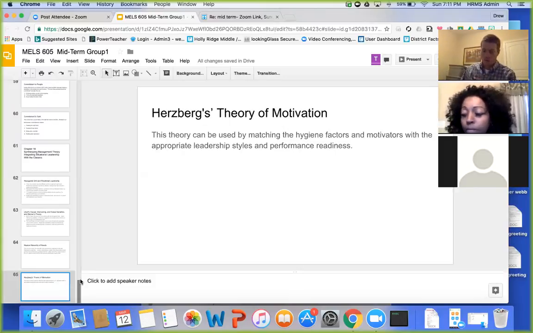These two models are 4-quadrant models, and they build from 2 axes: assertiveness and responsiveness, which take into account the follower's personality type when delivering and receiving information. So that was chapters 15 and 18.